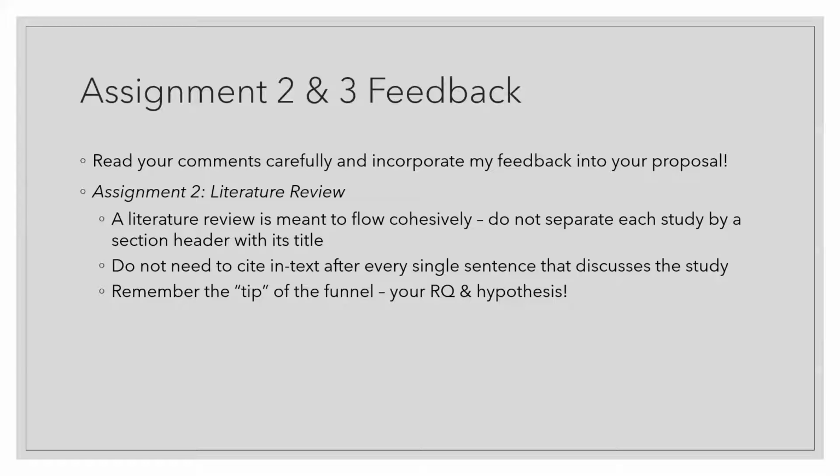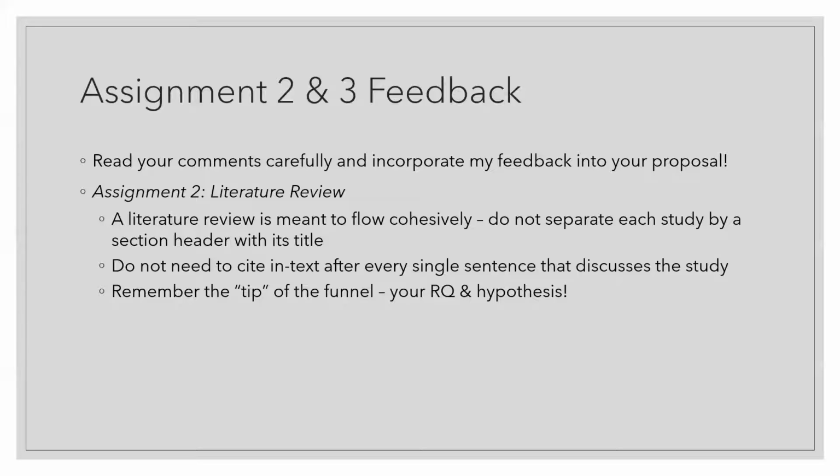Also, I noticed a couple people didn't cite at all, which is really bad, but most students cited at the end of almost every sentence, so this is overcitation. Now, it's better to overcite than undercite for sure, just to avoid plagiarism concerns, but you don't need to do it at the end of every single sentence.